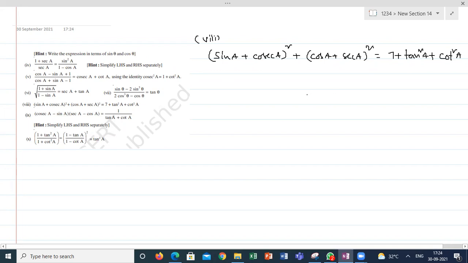Converting everything into sin and cos also works, but let's see if we can do it directly.